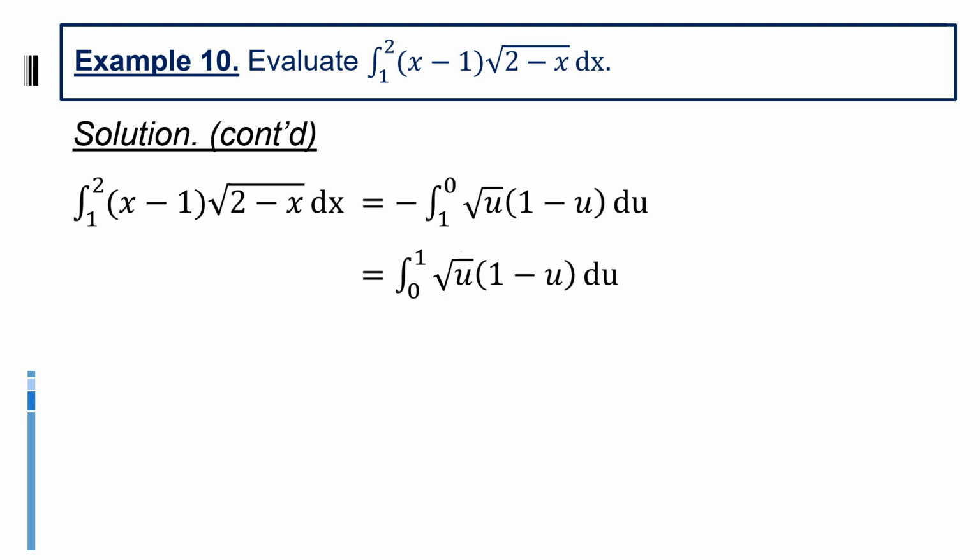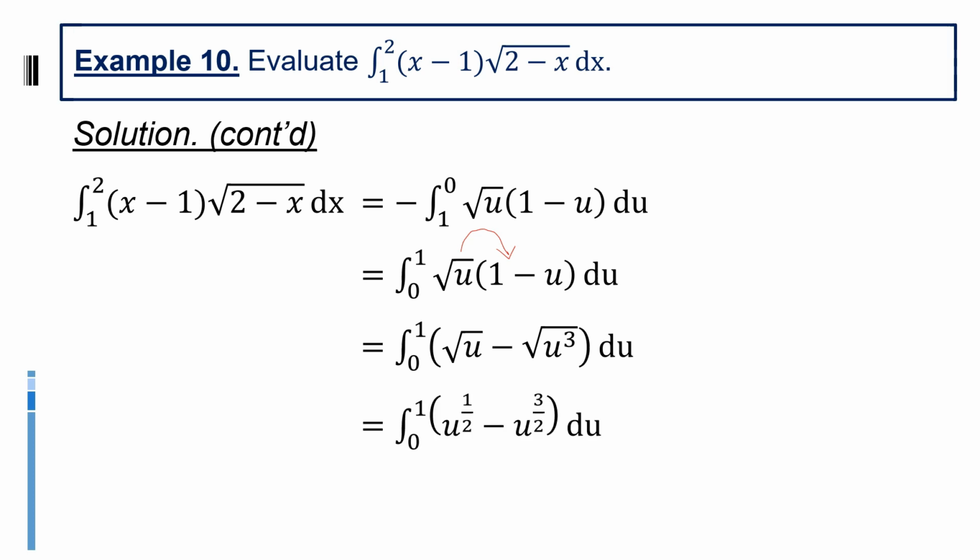Ngayon, kapag dinistribute natin ito dito sa loob, then we have the integral from 0 to 1 of the square root of u minus the square root of u cubed du. Or we have the integral from 0 to 1 of u raised to 1 half minus u raised to 3 halves du. Or pwede natin niyang paghiwalayin.